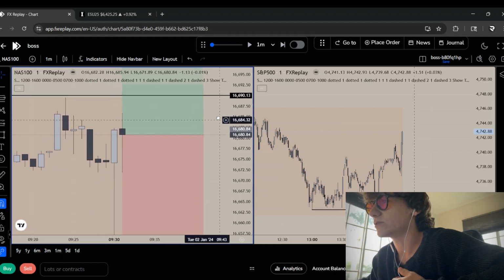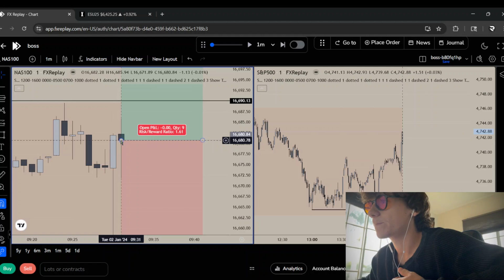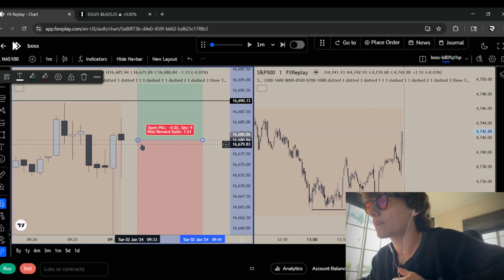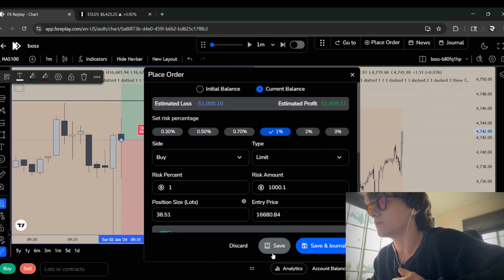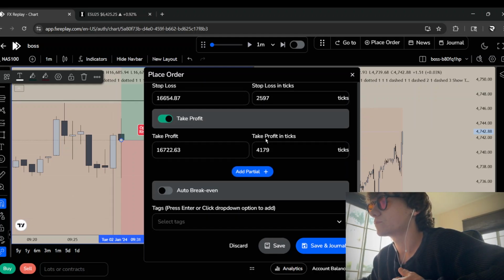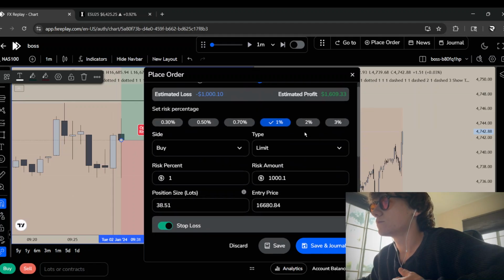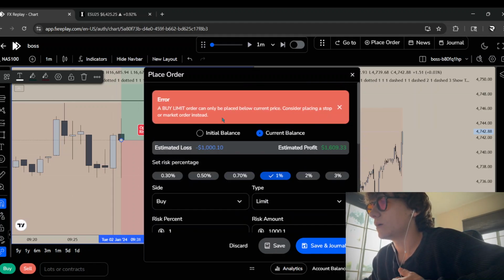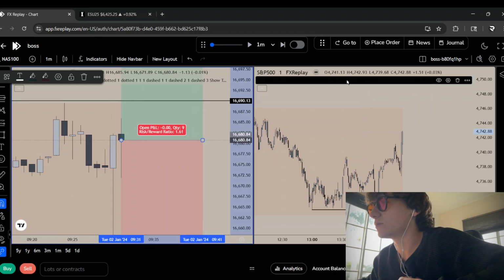Why am I not allowed to enter here? We should be able to place that now. What is it saying? A buy limit order can only be placed below current price.